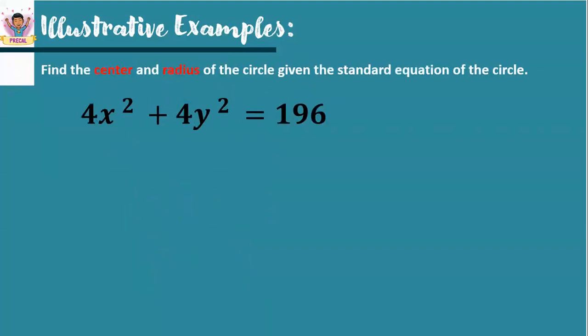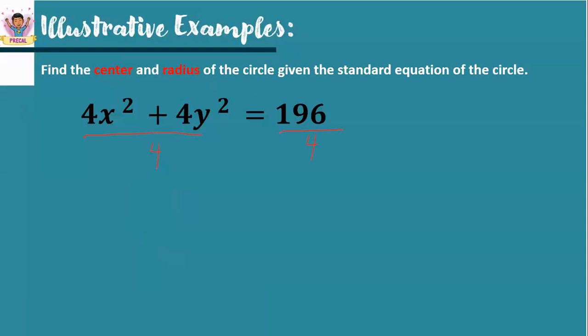Suppose you were given examples like that. You need to simplify this equation first by dividing both sides by 4. What is 4x squared divided by 4? Of course, it's x squared. Then 4y squared divided by 4 is y squared.